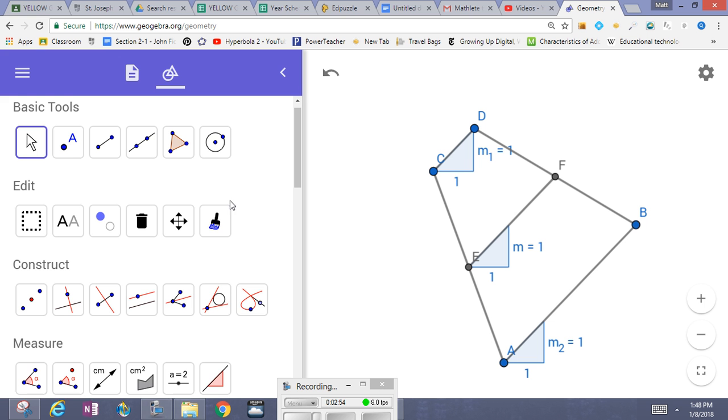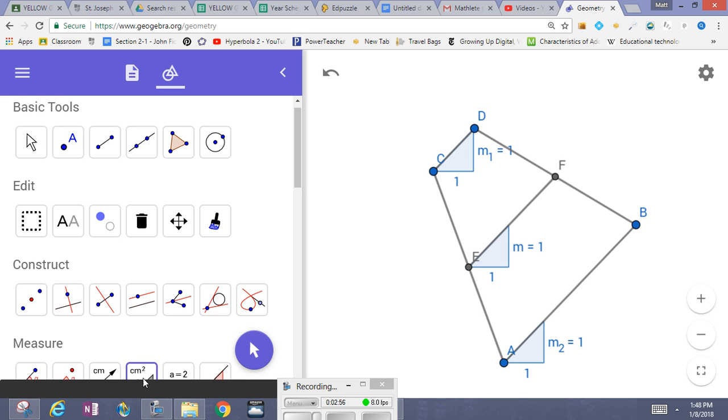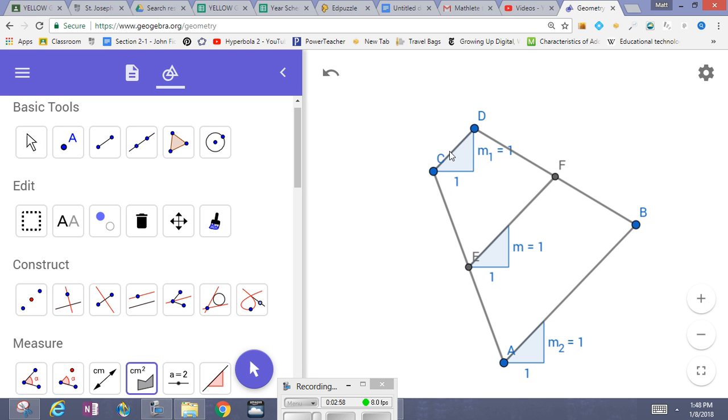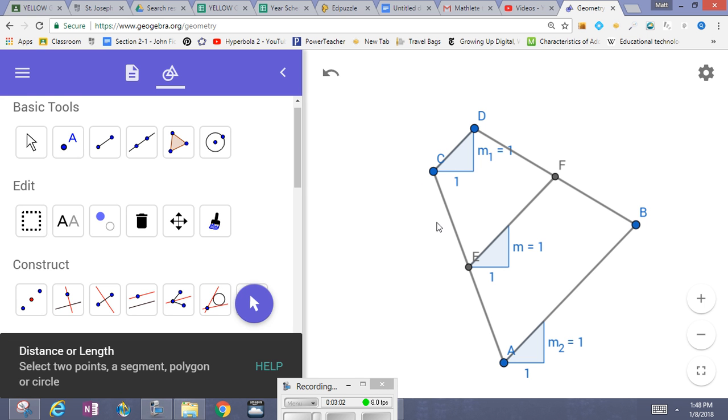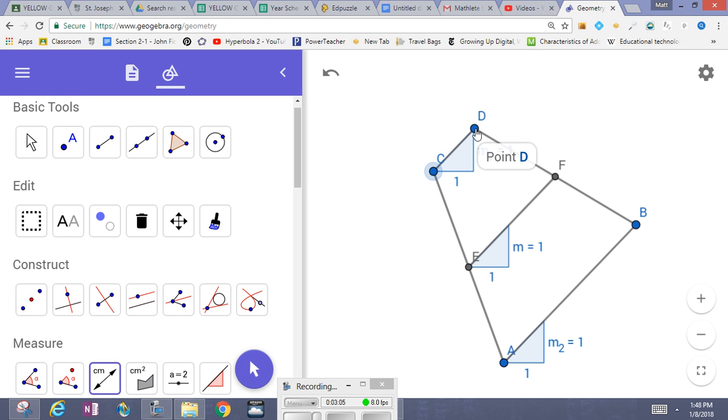Now it also says that its length is the average of the two bases. So if I measure the length from C to D, that's 1.5.